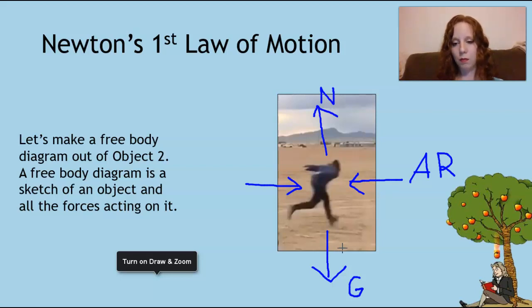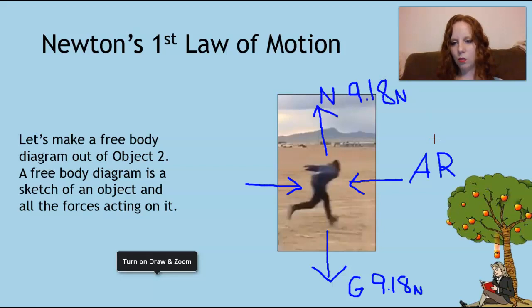If you wanted to put some numbers in here, the force of gravity, I believe it's 9.1 newtons. It's been a while since I've looked at that number, so it may be off a little bit, which means the normal force will also have to be 9.1 newtons.